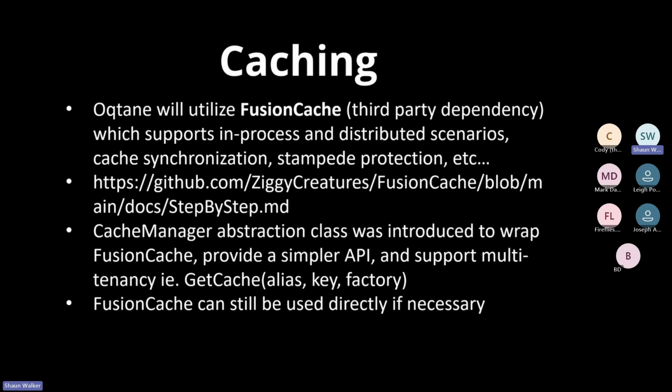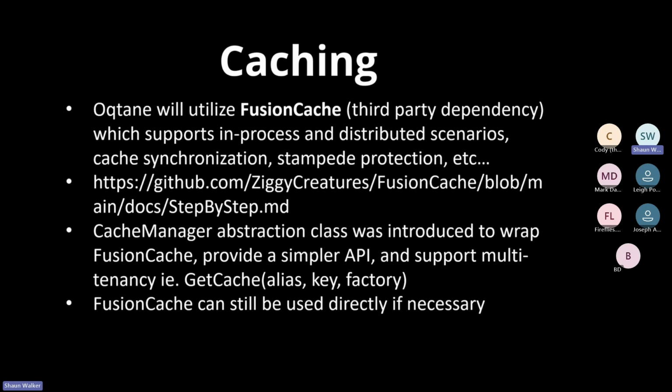It does still provide synchronous and asynchronous methods, but it only provides a few of the most common methods that you are going to probably need to use in your module development efforts. And I've also included some methods so that it can support multi-tenancy, according to the way that Oqtane supports multi-tenancy.